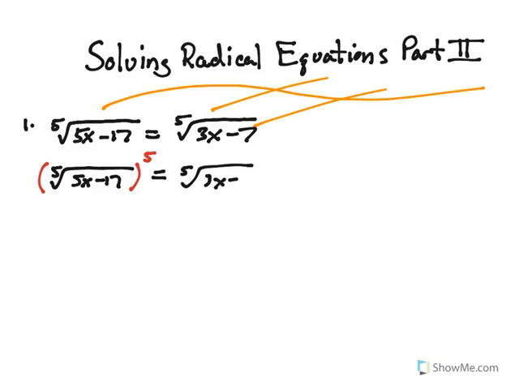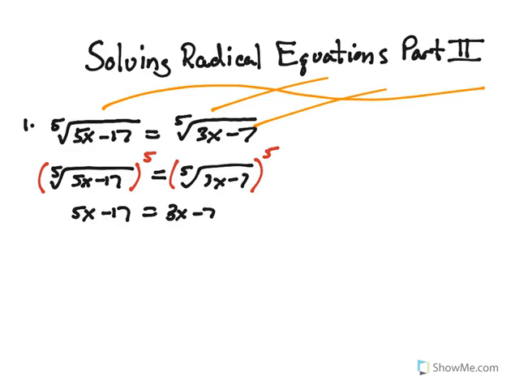And that way we can get rid of the radical. So the fifth root on the left side is just going to be 5x minus 17, and then the right side is just going to be 3x minus 7. So we can quickly get rid of the radicals.